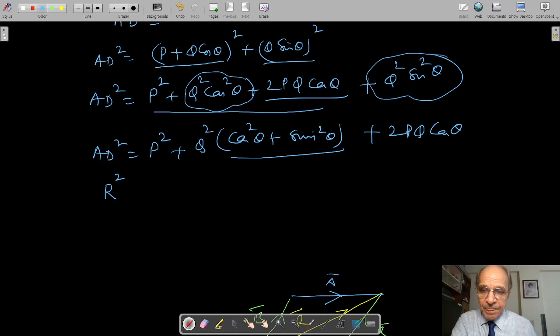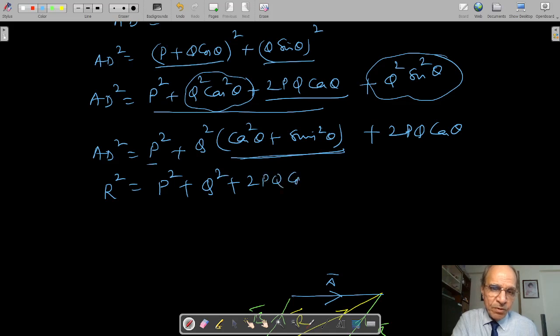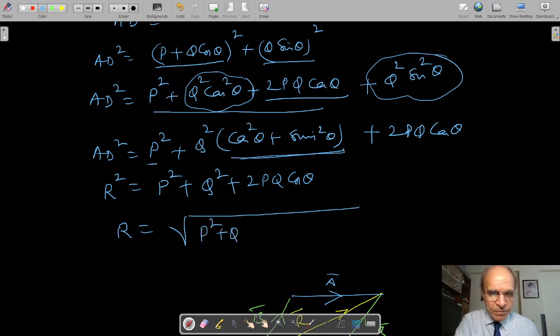And therefore AD square, which is R square, the magnitude of R, will be equal to P square plus, because this is 1, Q square plus 2PQ cos theta. And therefore R would be equal to the square root of P square plus Q square plus 2PQ cos theta.